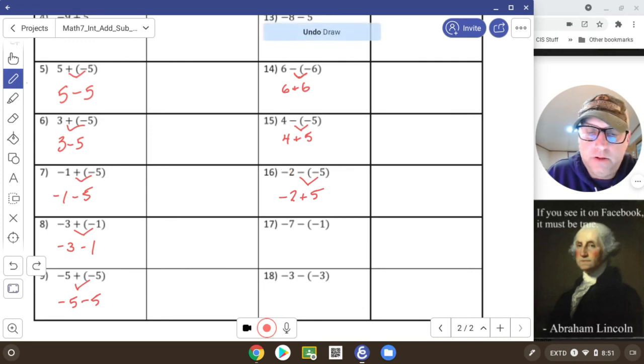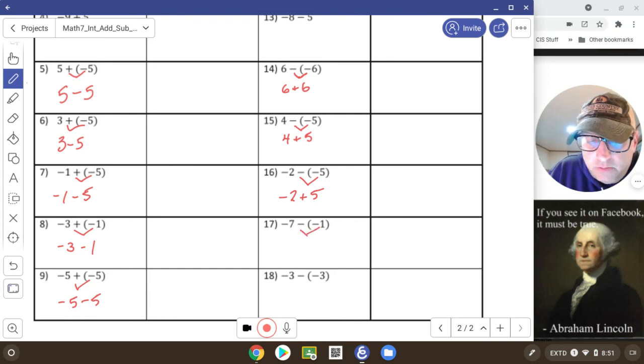That 2 is a negative 2, and it'll always be a negative 2 in this problem. Number 17, negative 7, then minus minus again. So that's negative 7, but that becomes plus 1. Number 18, negative 3 minus minus. Again, the negative on the outside never goes away. The two negatives on the inside become a single positive, and that's a 3.